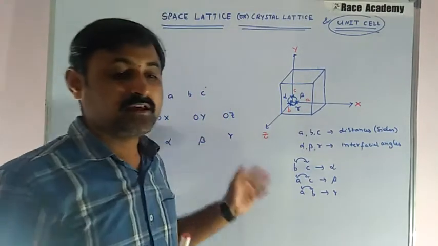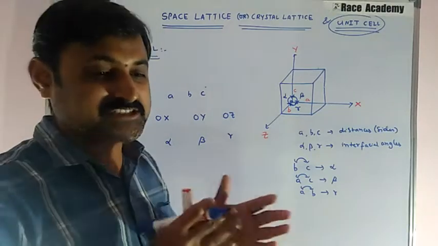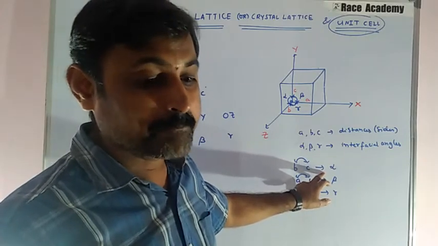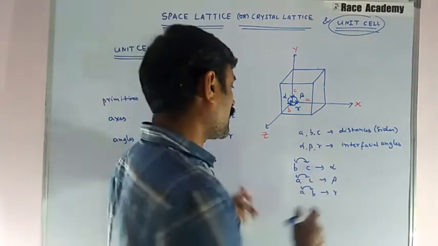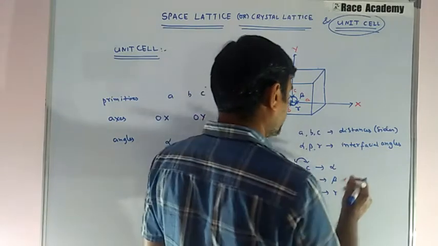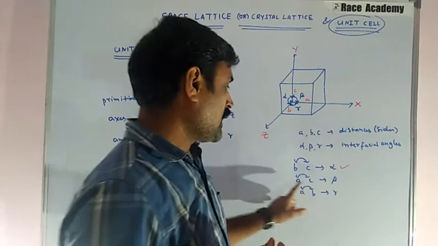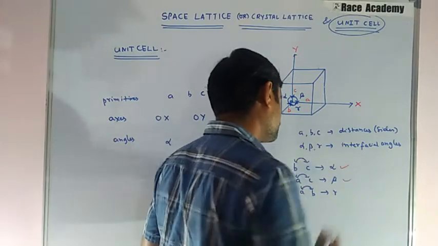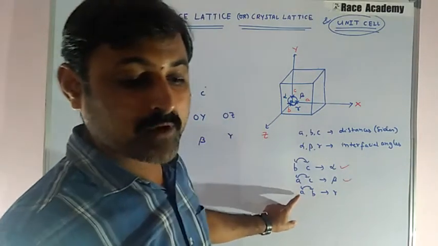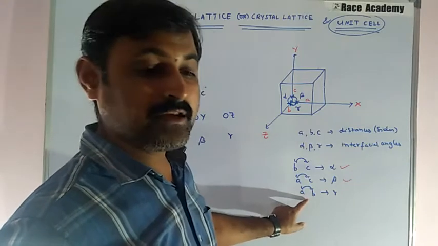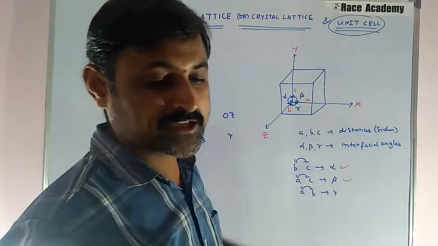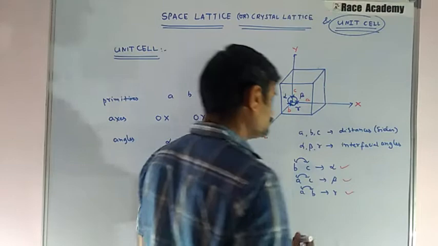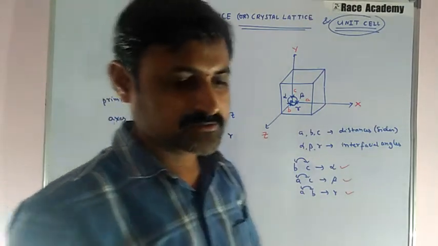The other point is that alpha is the angle between B and C, beta is between A and C, and gamma is the angle between A and B. A, B and all these are edges of this unit cell. Alpha, beta, gamma.